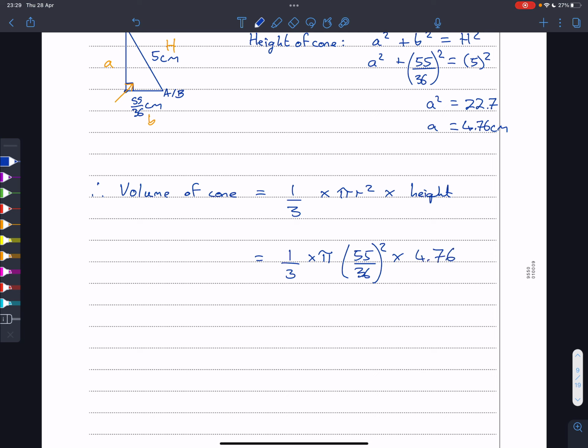No, that's not exactly 4.76, so I'm going to be using the answer button on my calculator. If I tap all that in, I get 1/3 lots of pi, lots of 55 over 36 squared, times my answer, which is 7.62 centimetres cubed.